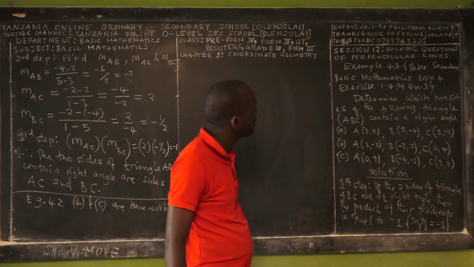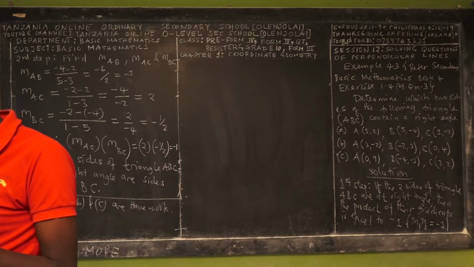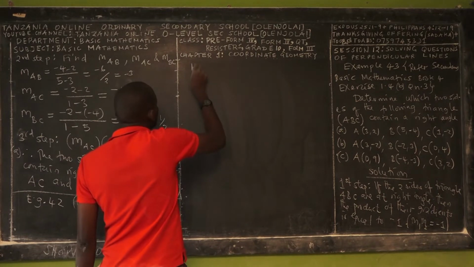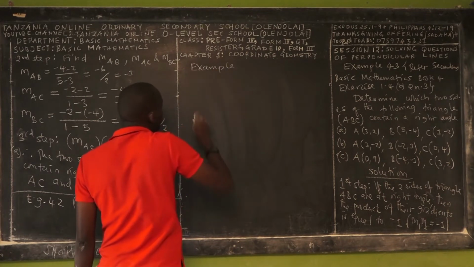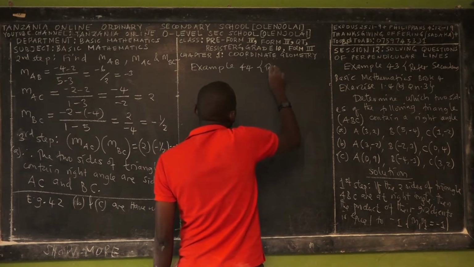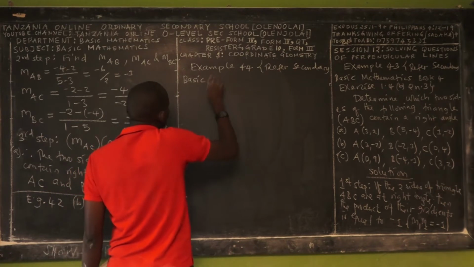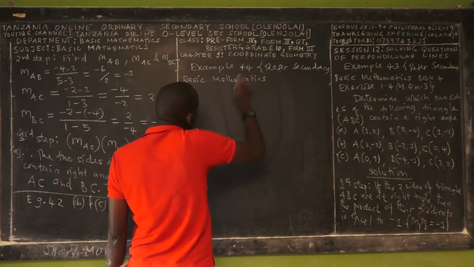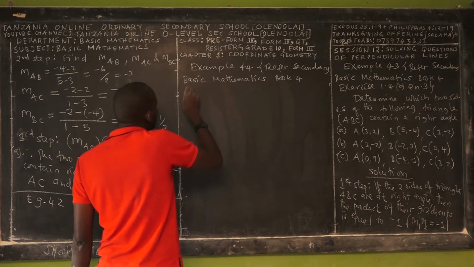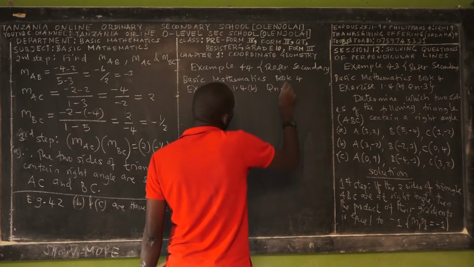This will be question number 6, which is about the foot of a perpendicular. So example 44.